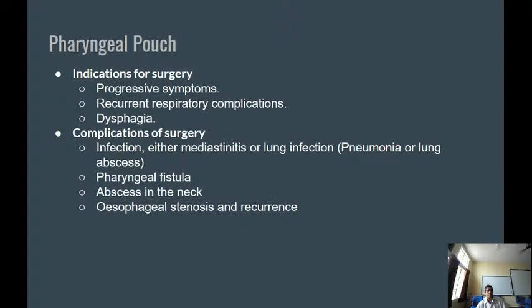Then the complications, as you know, are infection and mediastinitis, because of the esophagus posteriorly and the retropharyngeal space, it may go into the mediastinum and produce mediastinitis, or there may be lung infections, or if the sutures get infected, a pharyngeal fistula may form, and sometimes an abscess in the neck. These are the complications of surgery.